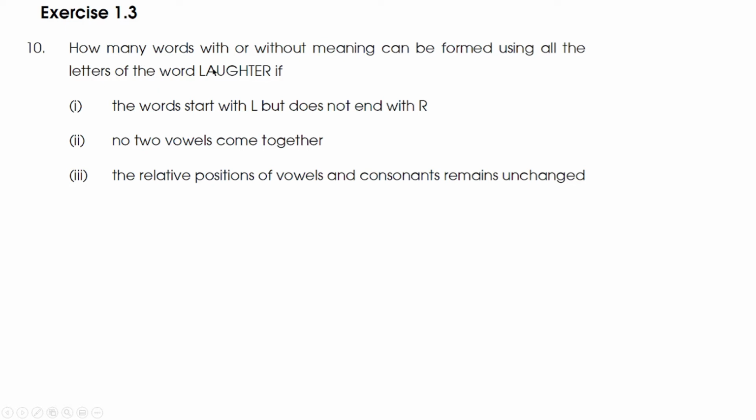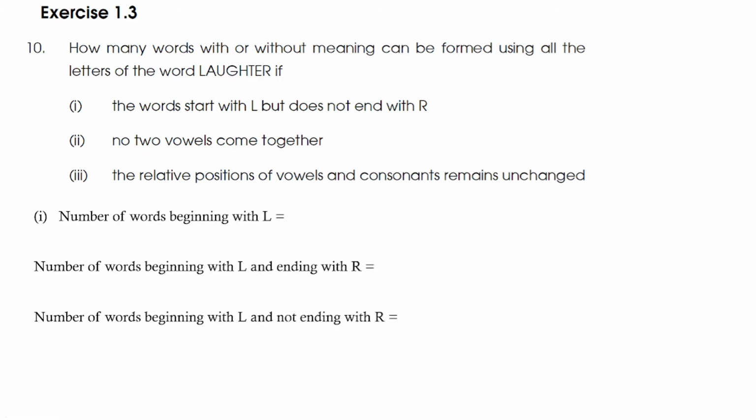Here it is asked how many words with or without meaning can be formed using all the letters of the word LAUGHTER if the words start with L but do not end with R. So we will see the first subdivision. The number of words beginning with L will be, here L will remain in the same place.